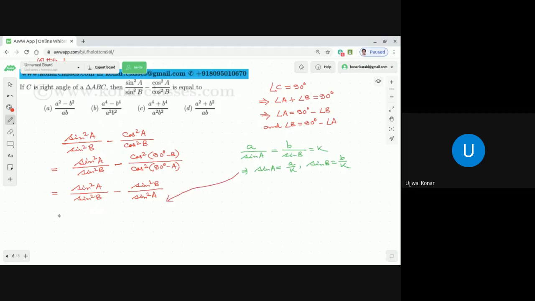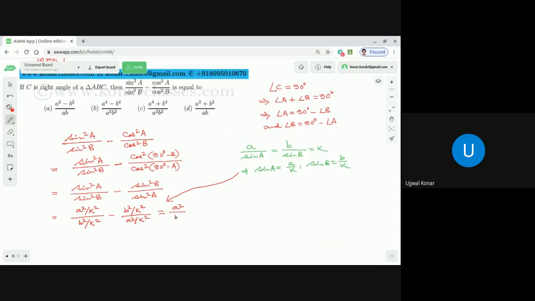If we apply here, the value of sine square A is equal to A square by K square. It is A square by K square divided by B square by K square, minus B square by K square divided by A square by K square. So what we see, dear students, is that K square gets cancelled.